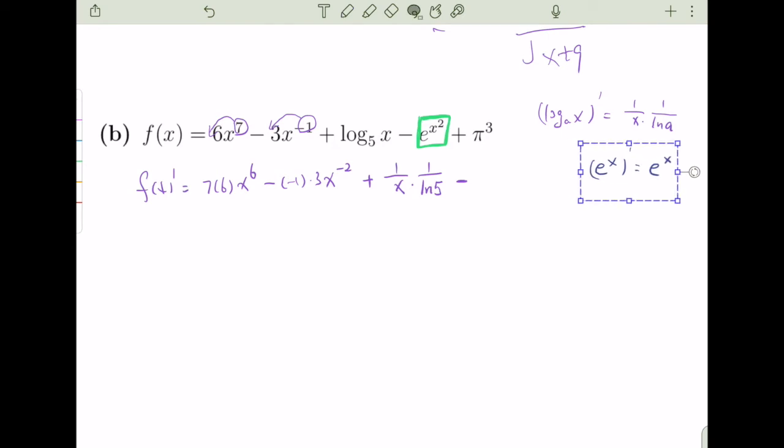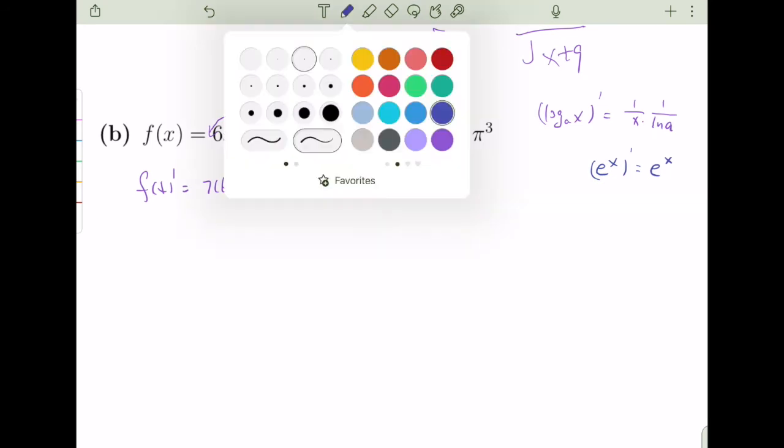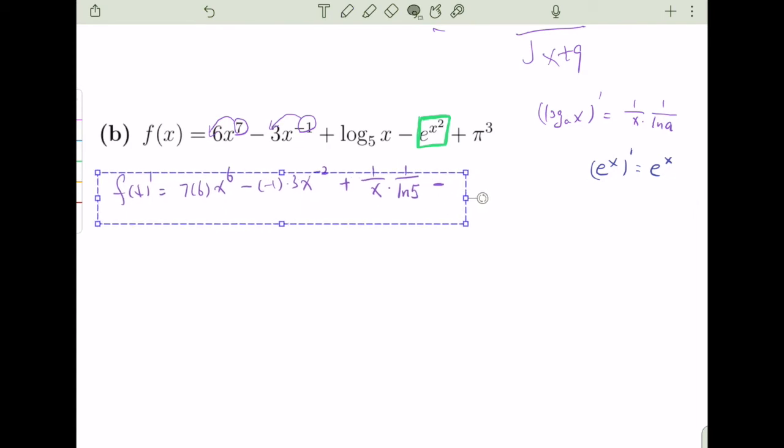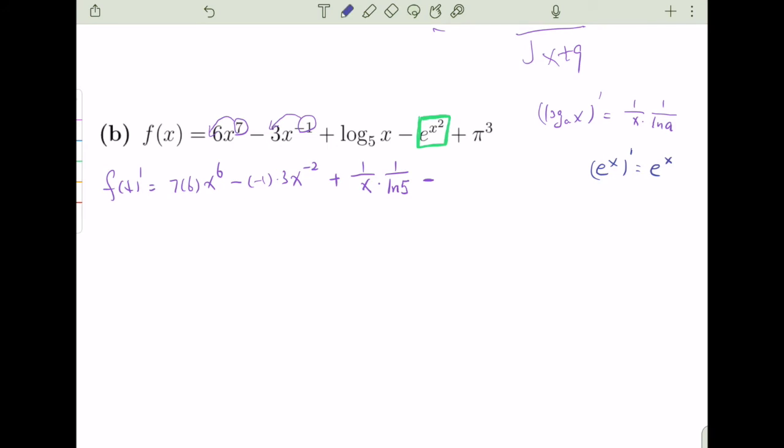But now, the x has been replaced with the inside function x squared. So the derivative of the first layer is going to be e to this x squared, because you replaced x with x squared.